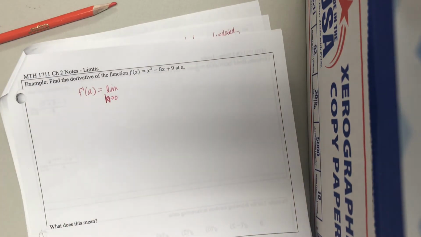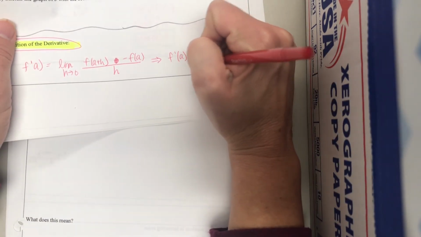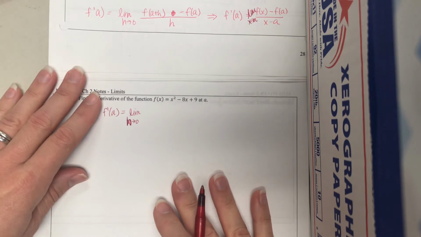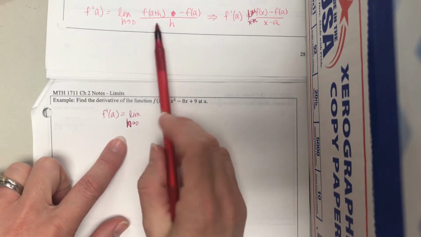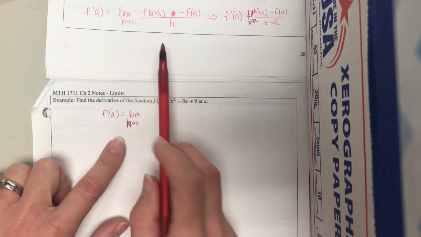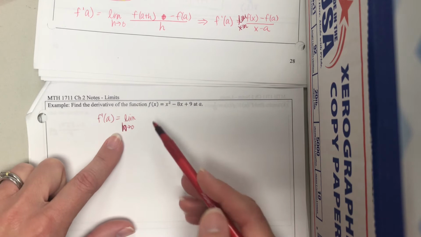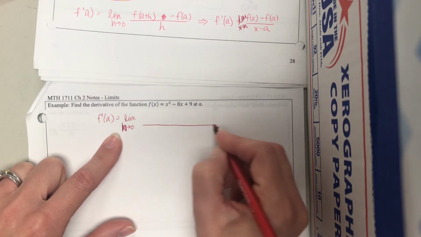All right, let me put my formula here. What you have to do, this is really annoying, is plug a plus h into the formula, and you have to plug in f of a into the formula, and that's pretty easy. First, I'm plugging in f of a plus h.